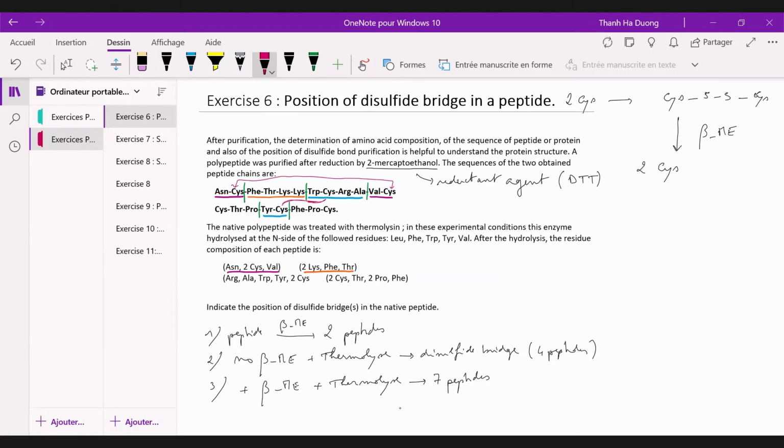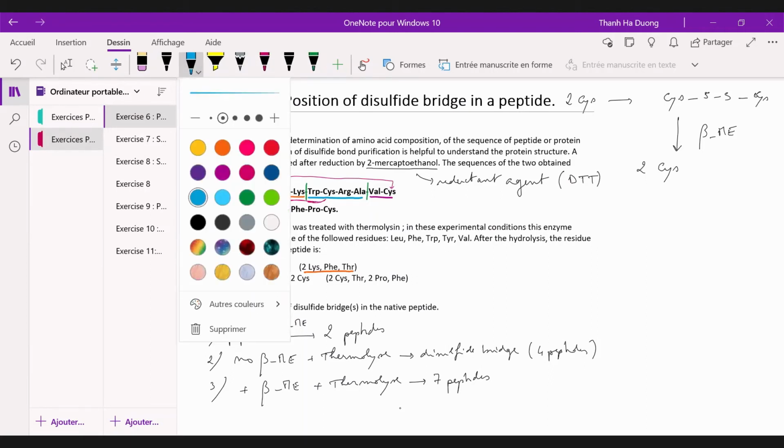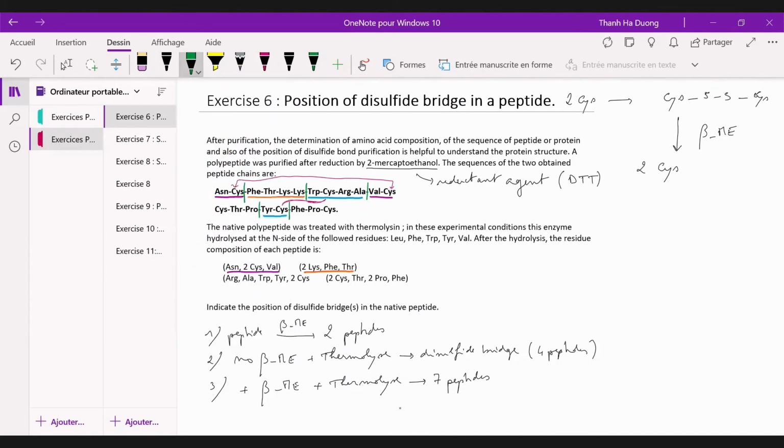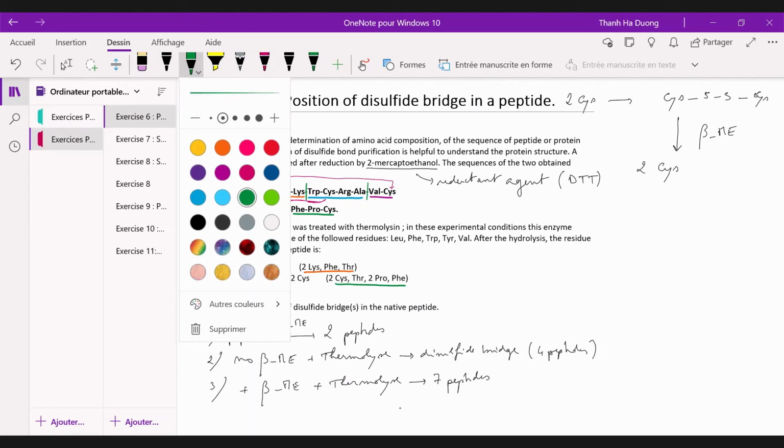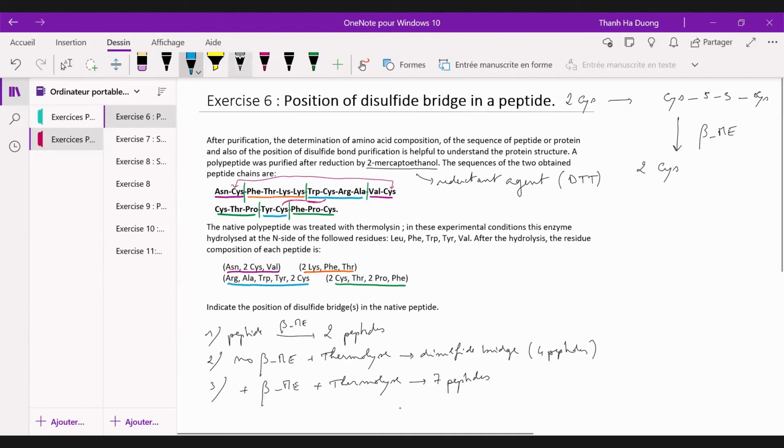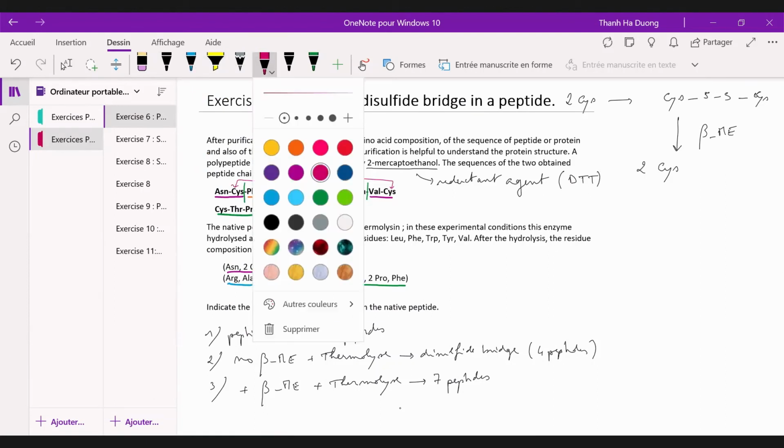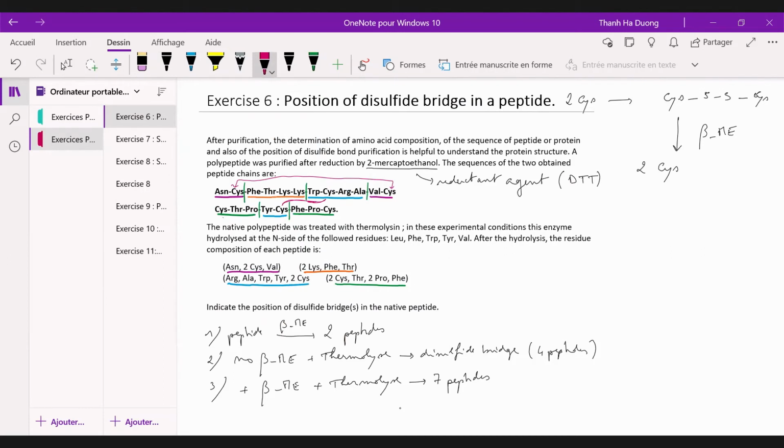And the last one, let's take the green one, corresponds to this peptide with this peptide. So it means that you have a disulfide bridge between this cysteine and this cysteine.